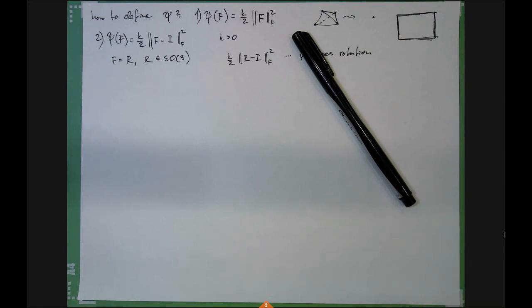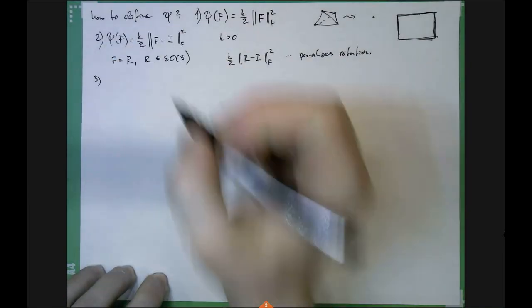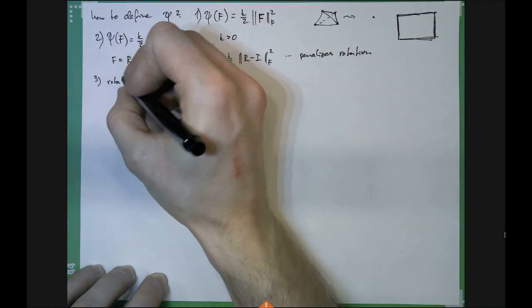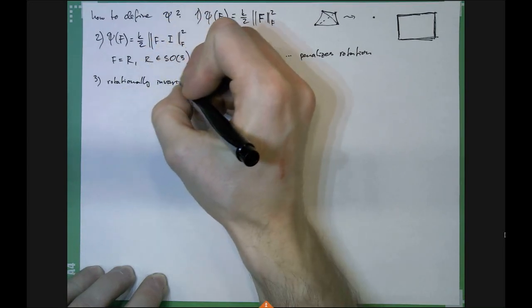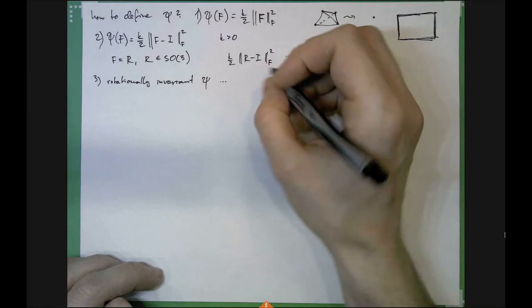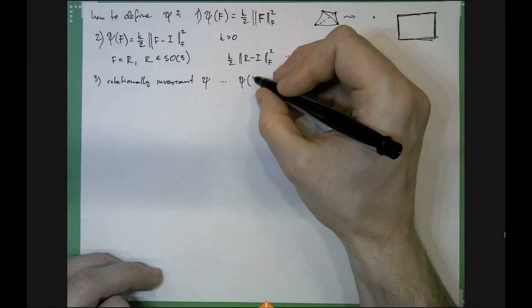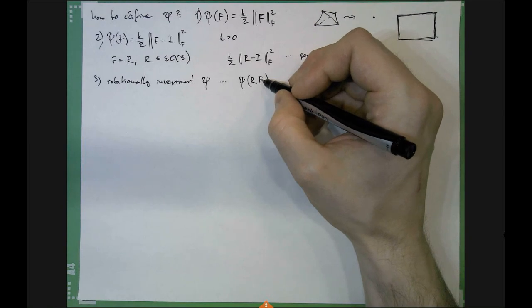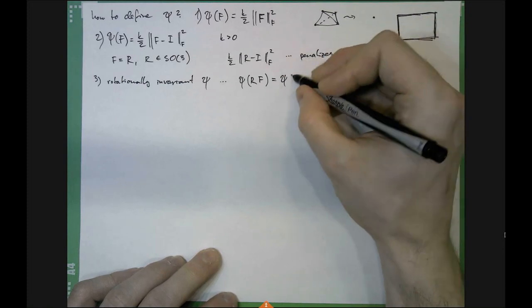So how can we fix that? My third attempt would be, now I want a rotationally invariant psi. What I want from my next attempt of psi is this: if I take an arbitrary rotation, after I'm done with my deformation, I rotate it, I should get the same energy as if I did not rotate it.